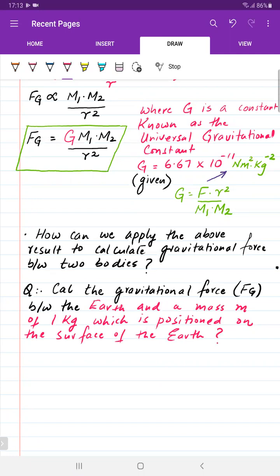Okay, so let's suppose if you are asked to calculate the gravitational force of attraction between the Earth and a mass m of 1 kilogram, which is positioned on the surface of the Earth.